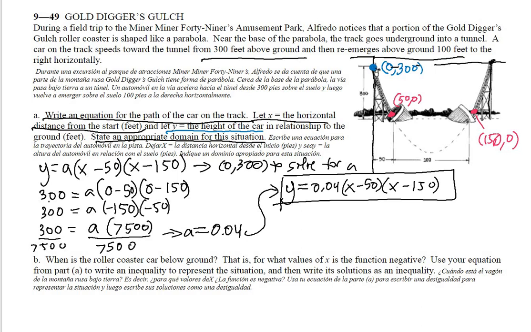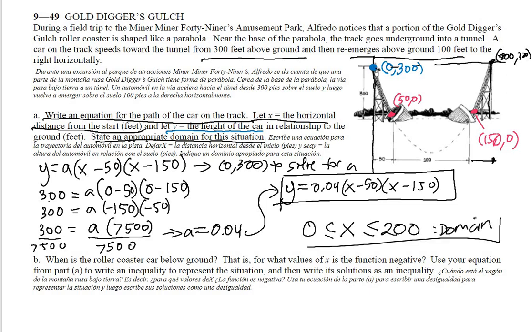By symmetry, that means that this is the point 200, 300, because it's 50 to the right of where the car emerges from underground. So my domain would be all possible x values. That's 0 is less than or equal to x, less than or equal to 200 is my domain.